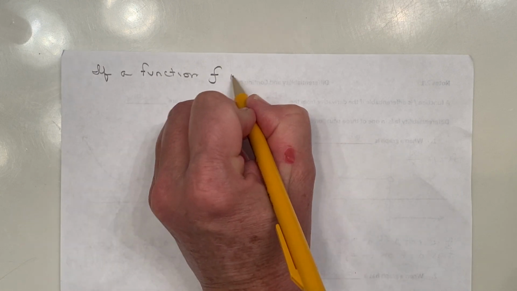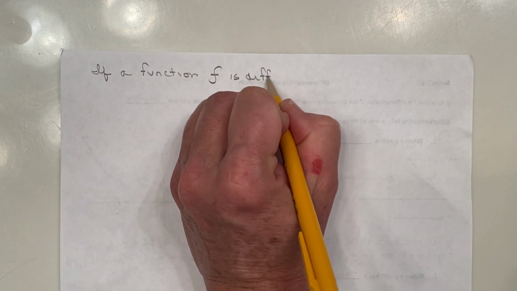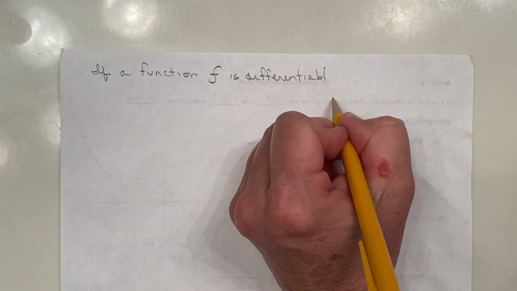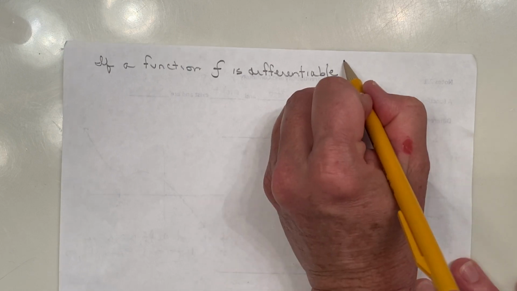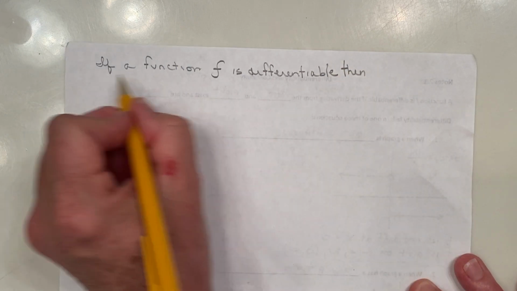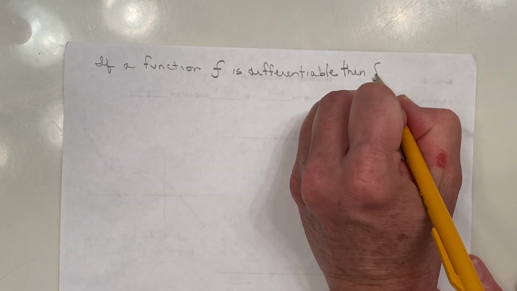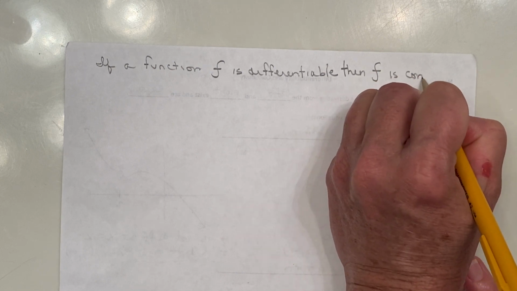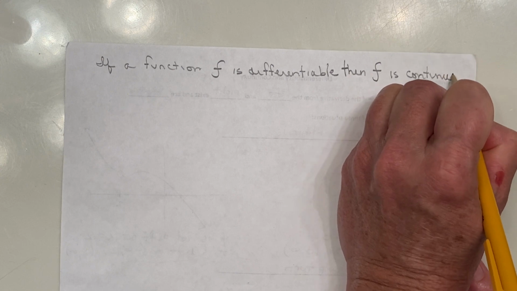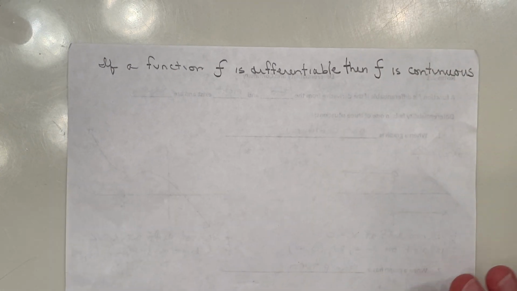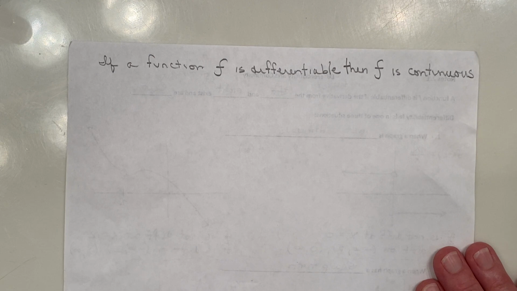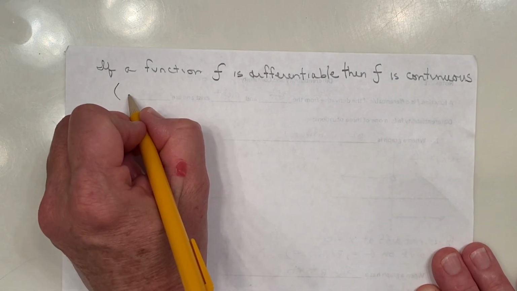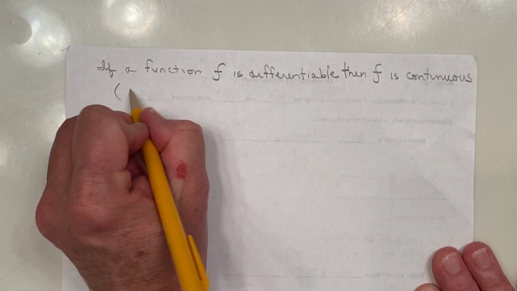So if a function f is differentiable, then we have an if-then statement, then f is continuous. So if we know that a function is differentiable, that implies continuity. So we'll write that down. Differentiability implies continuity.